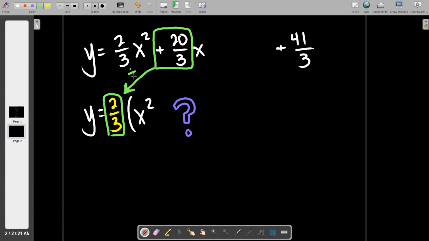So we're going to go off to the side and do a little bit of sixth grade copy dot flop arithmetic and figure out a number. The answer to that division problem will always tell you what to put where the purple question mark is. So I'm going to take off to the side 20 thirds divided by 2 thirds.